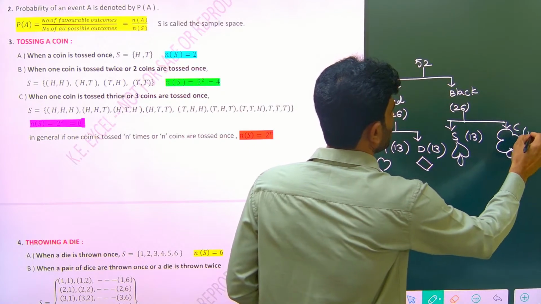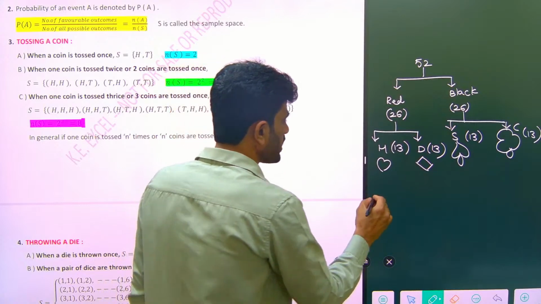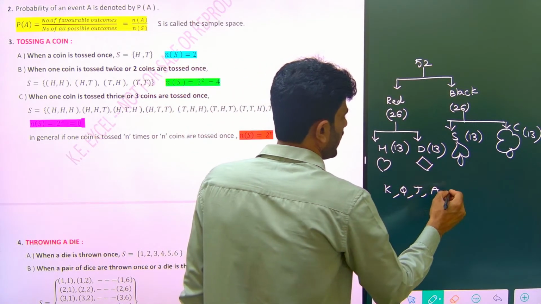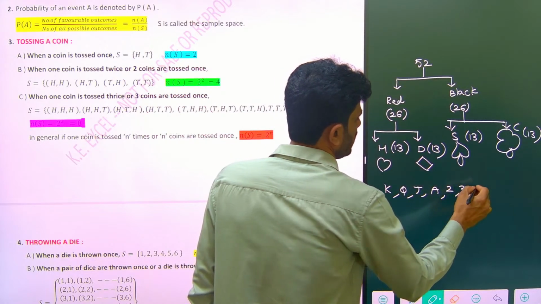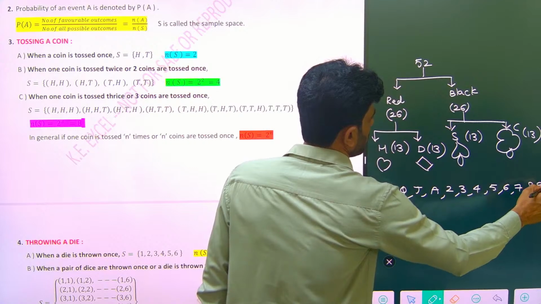These are also 13 each. So this is the classification. And what are the 13 cards we have? King, queen, jack, ace, 2, 3, 4, 5, 6, 7, 8, 9, 10.